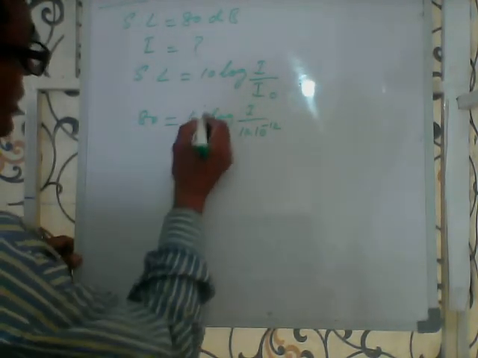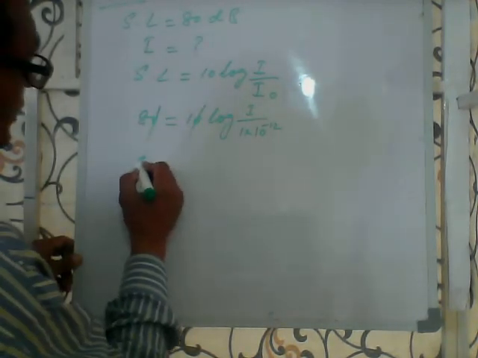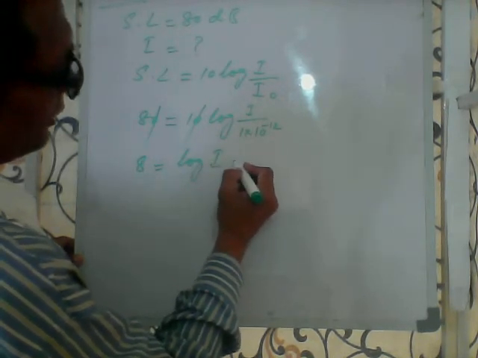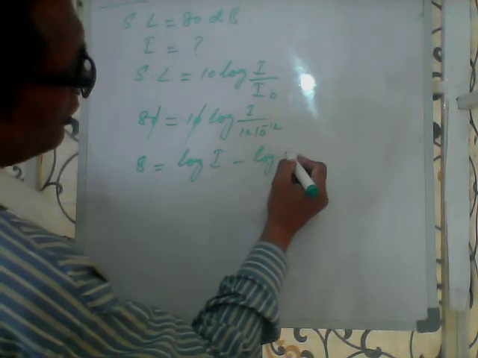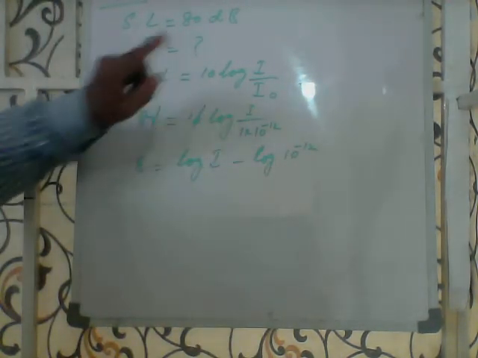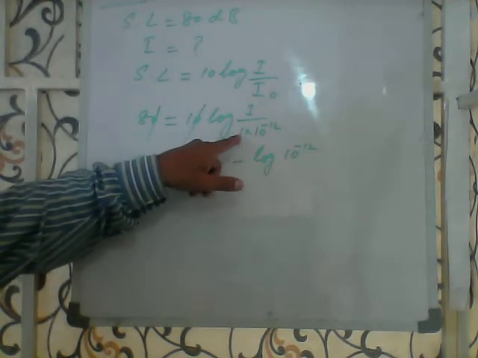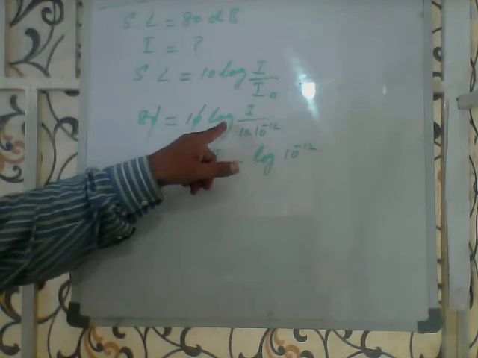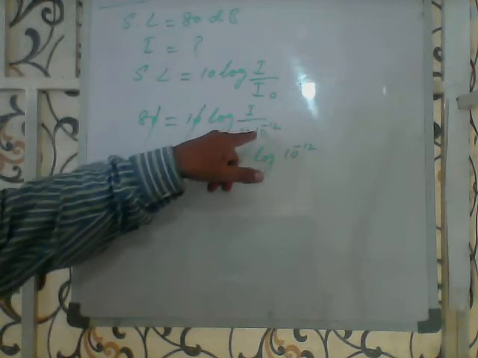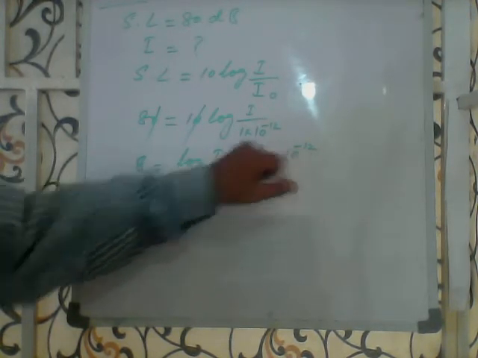So we get here 0 is cancelled with this 0 on the left hand side. We got 8 is equal to log of I minus log of 10 raised to power minus 12, since log of A divided by B is equal to log of A minus log of B. So leave this one, and we got log of I minus log of this denominator, 10 to the power minus 12.